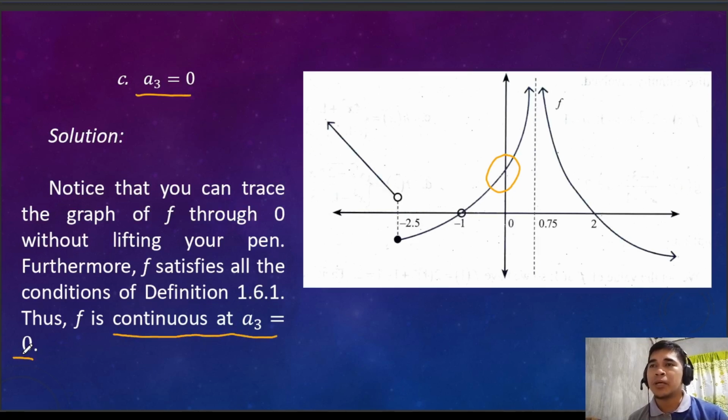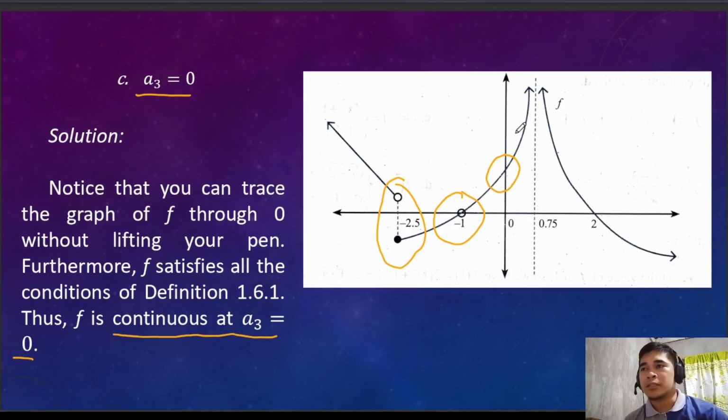So, notice yung pagkakaiba. Yung negative 2.5, this is essential discontinuity at A sub 1 equals negative 2.5. Ito naman, this is removable discontinuity at A sub 2 equals negative 1. And here, we have continuous at A sub 3 equals 0.